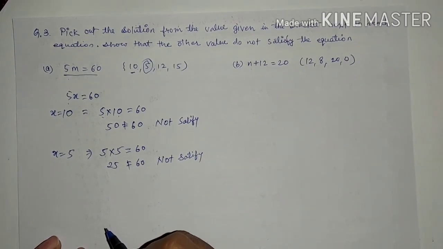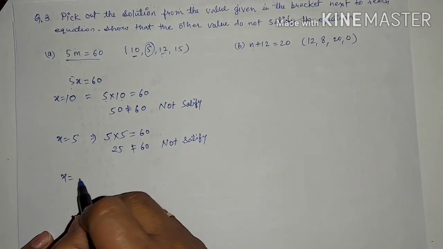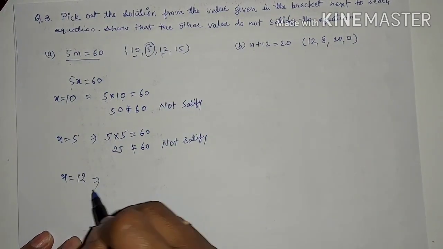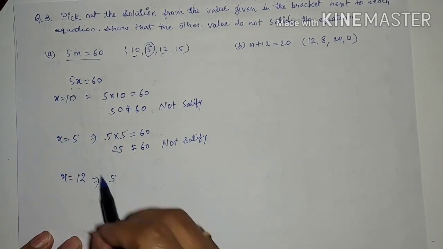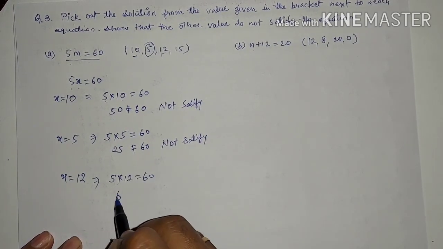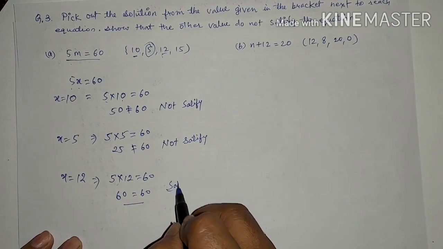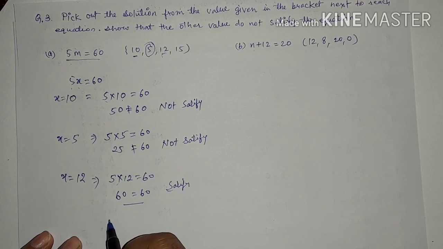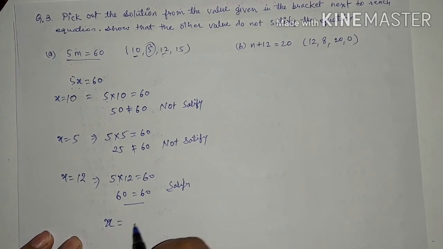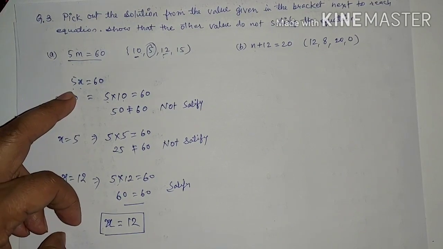Okay, next is x is equal to the next value, 12. So 12 into 5, x value is 12, 5 times 12 is equal to 60. So that is 60 is equal to 60. So here it is satisfied, which means the value x is equal to 12 is an answer of the given equation.